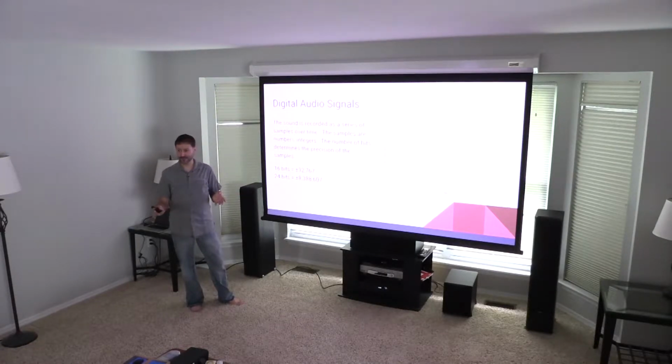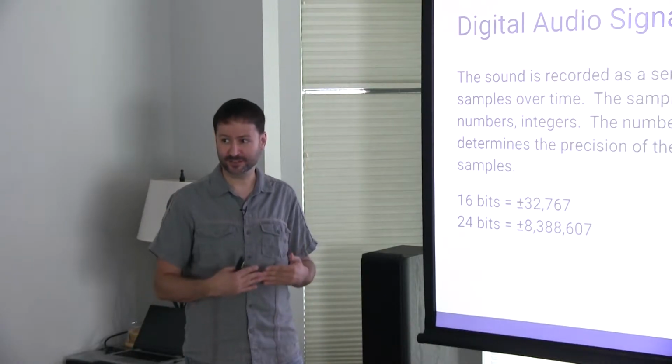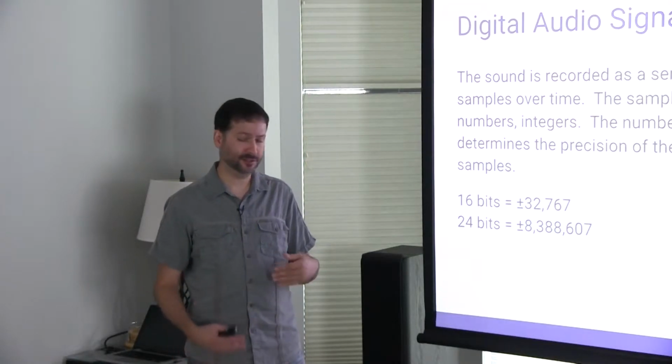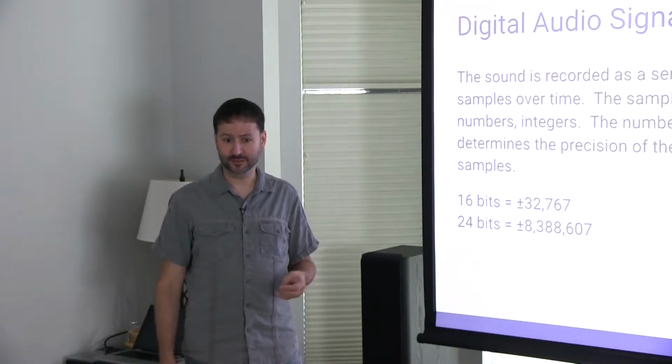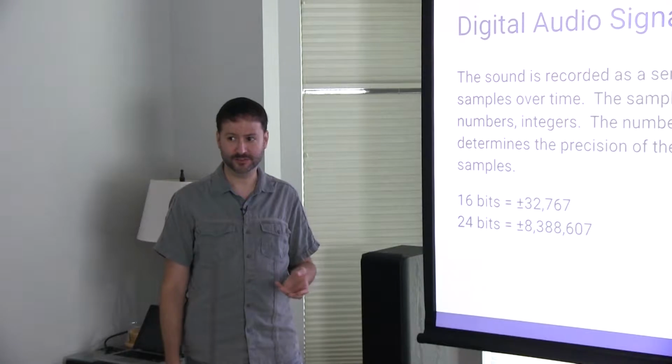Another common standard that you'll find is 44.1 kilohertz, and that comes from CDs, compact discs. That's the sample rate of a compact disc. But starting with DVDs, 48 kilohertz has been the standard.